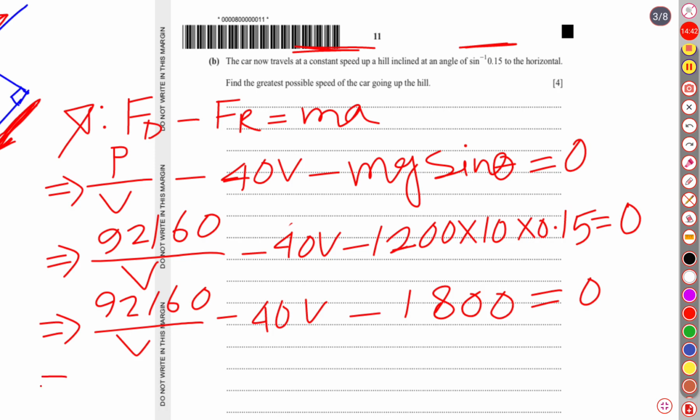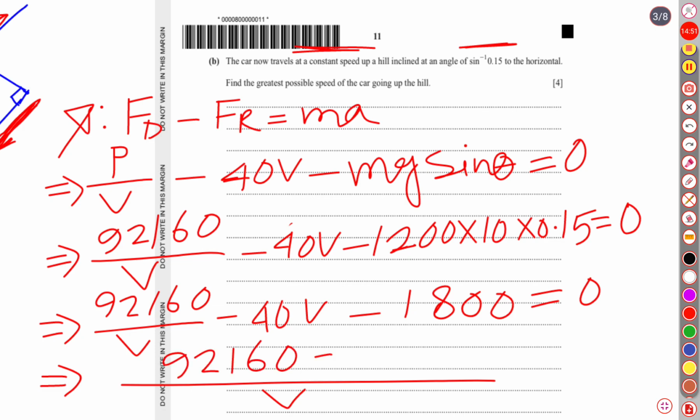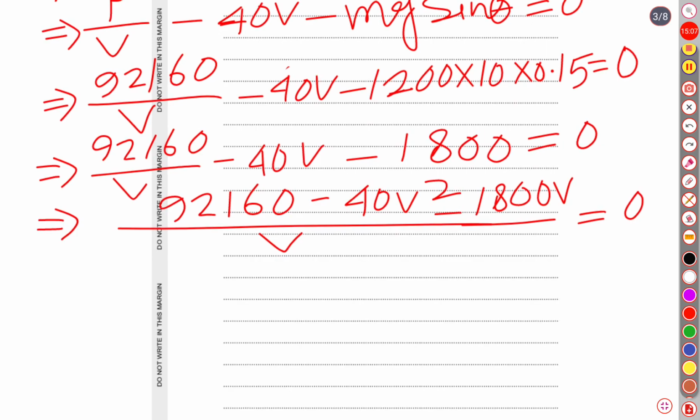Then if we simplify this, it is going to be V over 92160 minus 40V squared minus 1800V, equal to 0. So if we do cross multiplication, what is it going to be?